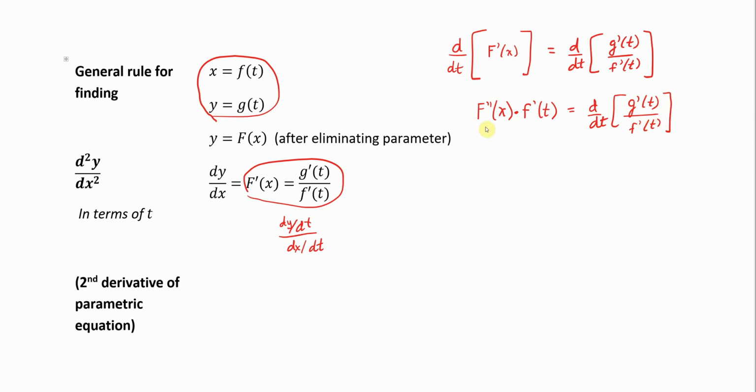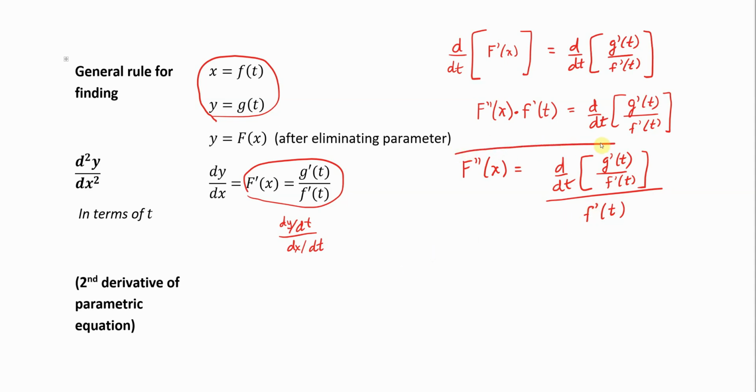And then if I want to get f double prime by itself, I just have to take this all one step further, and we get d dt of g prime over f prime, divided by f prime. Okay. So this is a valid and good way of describing the second derivative with respect to x, but yet in terms of t.